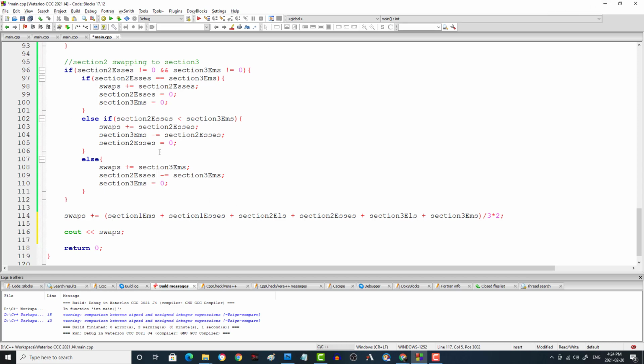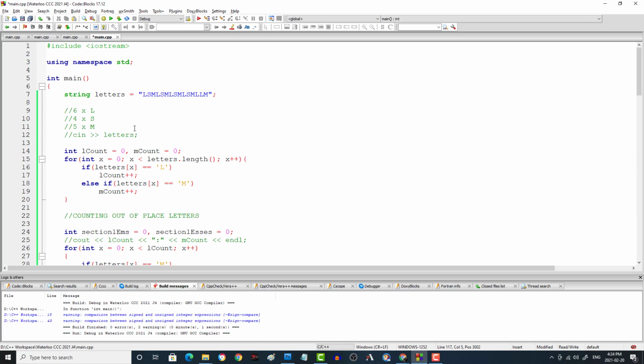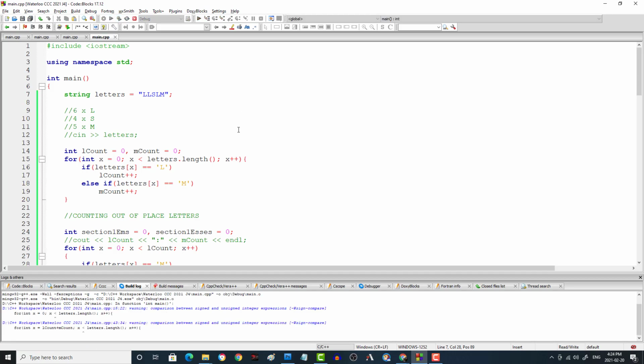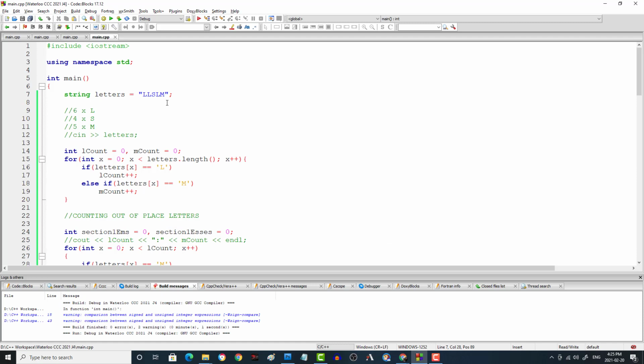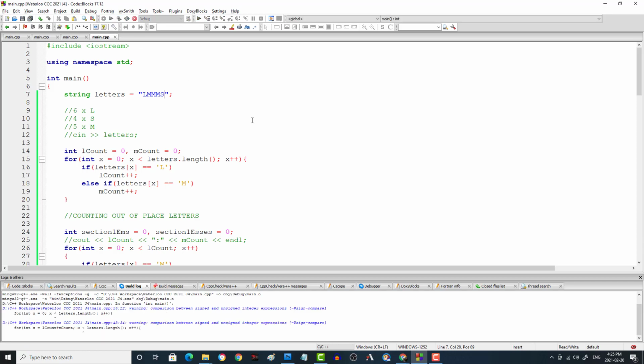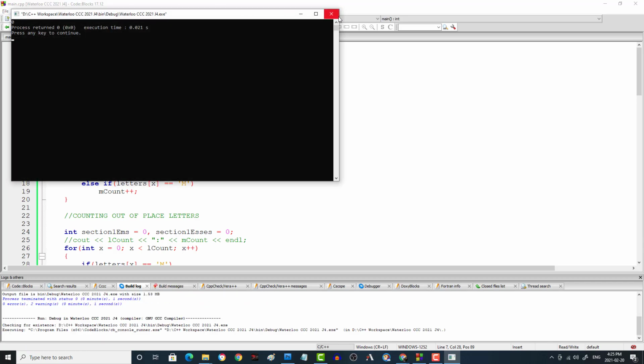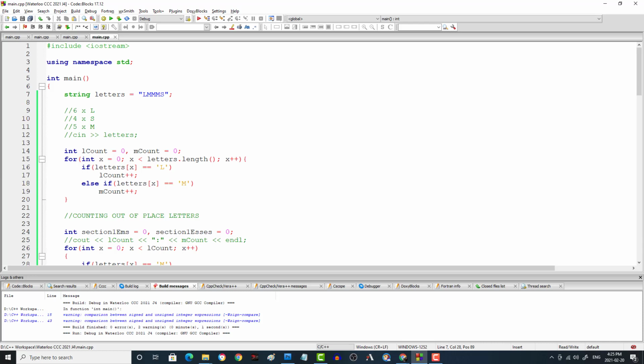Let's take away our test code and put in the sample input from the program, LLSLM, and this should say 2. Fingers crossed, 2. And if the other one was LMMMS, this should be 0 because it's already in order. 0, good. I don't think they gave you anything else.